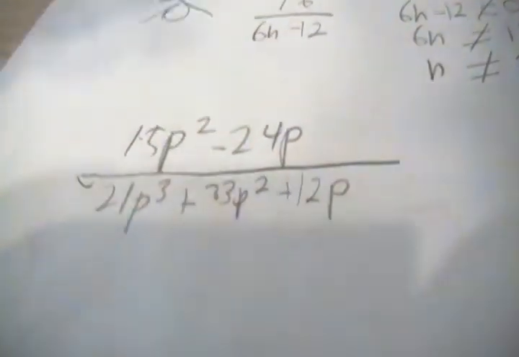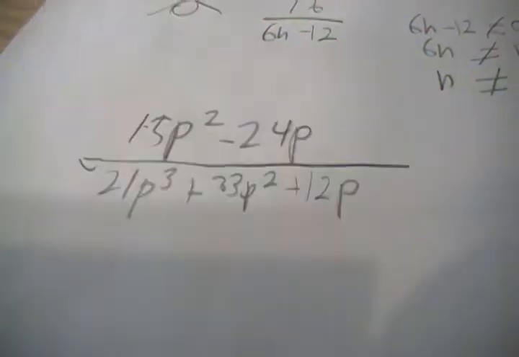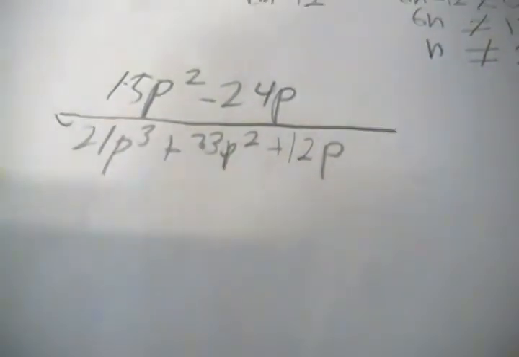So can we factor out any coefficients here? Well, let's see. You get 21, 33, and 12. We're trying to find a common factor for all three of them. Let's see, 7? No. How about 3? 3 is a factor of 21, 33 and 12. Are there any bigger ones? No, there aren't.